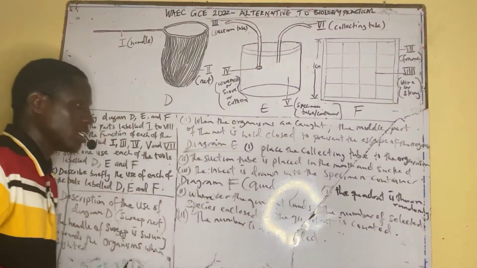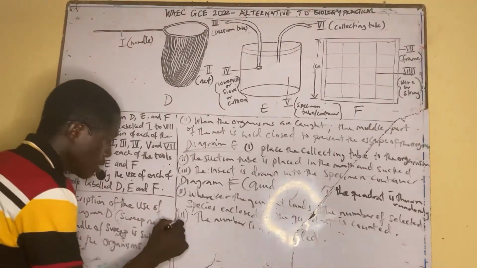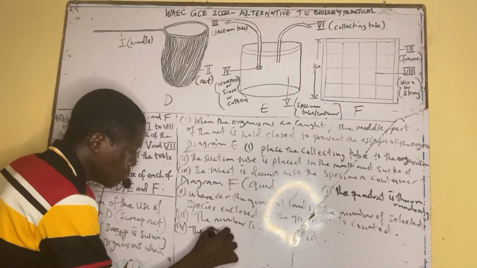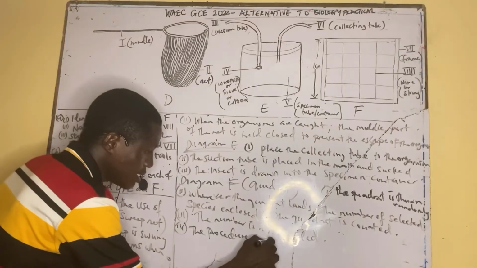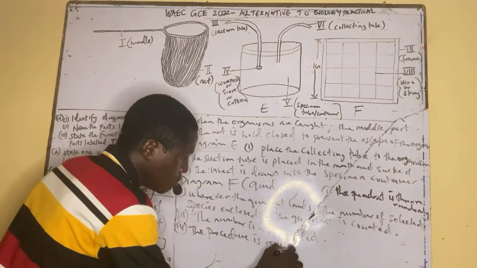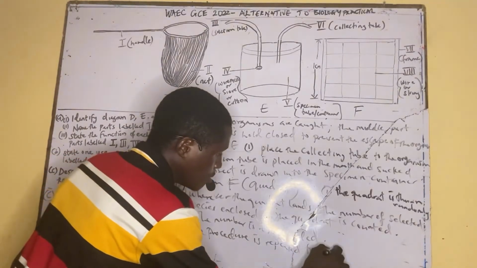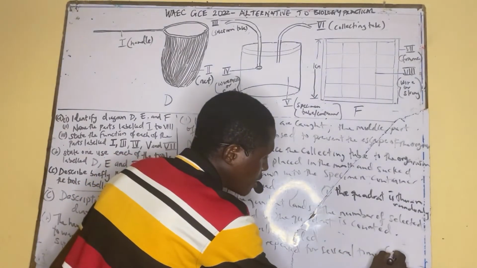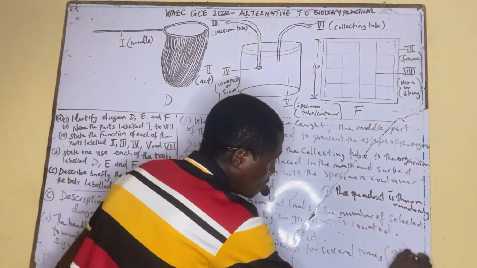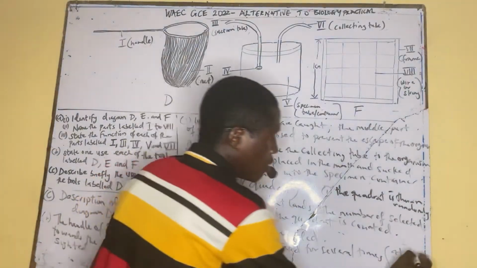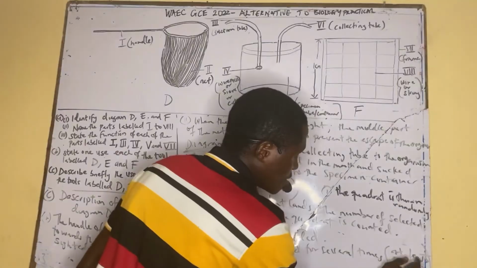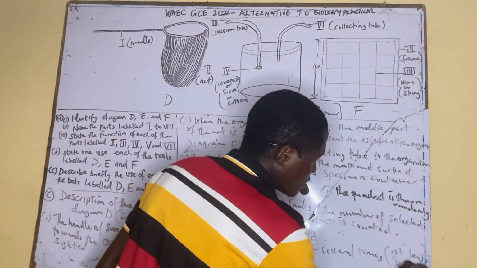Then, the procedure is repeated several times, and the minimum is at least 10 times, because you are carrying out sampling of the organism. Please note that, at least 10 times.